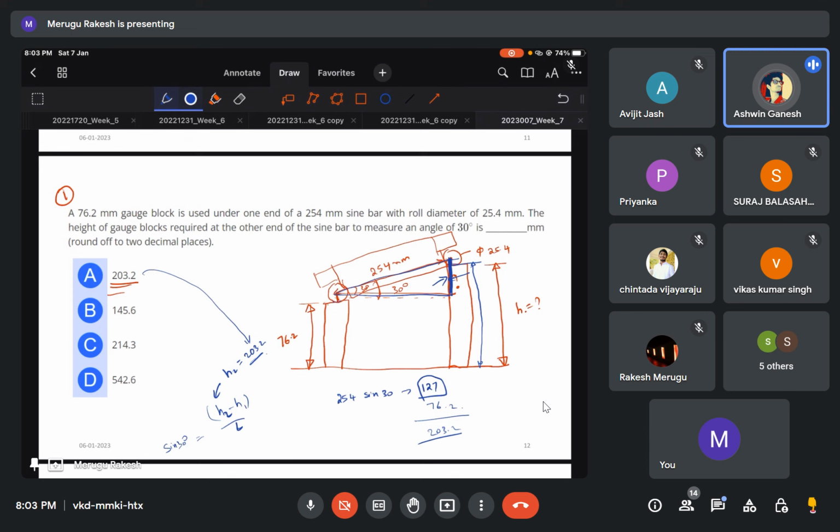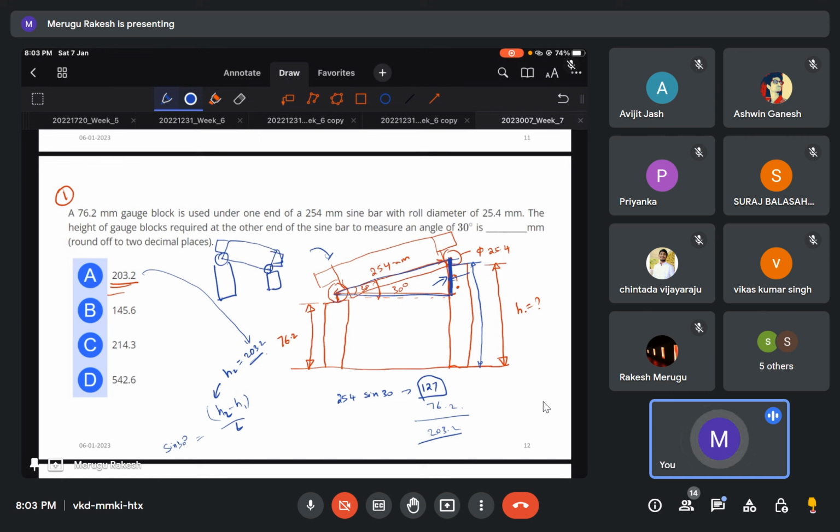If the options are not given, it will be more confusing. Yeah, I got your point. Maybe they will clarify in the question itself, the smaller height or the larger height.